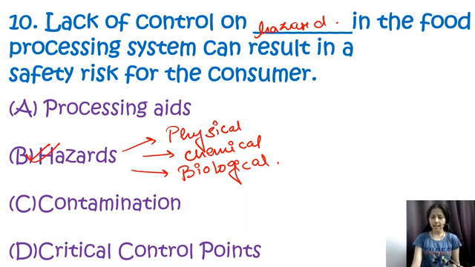These hazards have the potential to cause harm to the consumers if not properly controlled. These hazards can arise at various stages of food processing, production, or distribution. That is why the lack of control on these hazards in the food processing system can result in a safety risk for the consumers. That is, option B is my correct option.